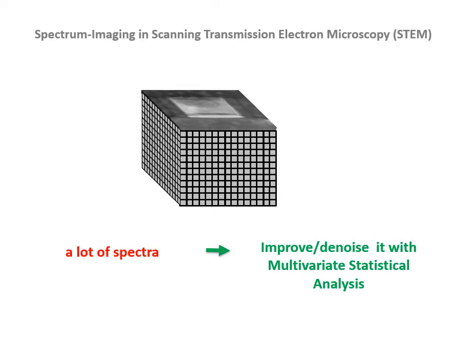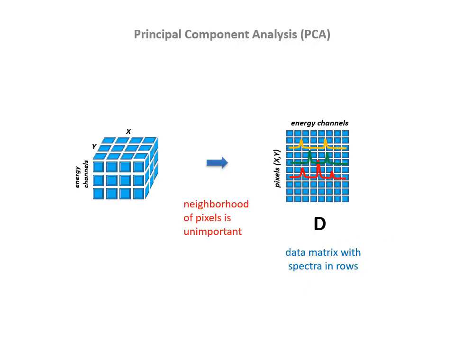One way to improve the dataset, say to denoise it, is using multivariate statistical analysis. One method is principal component analysis, PCA. And to proceed with PCA, first of all, we have to recast the data into matrix form. A matrix where pixels are arranged vertically, and each matrix row represents a spectrum associated with a pixel.